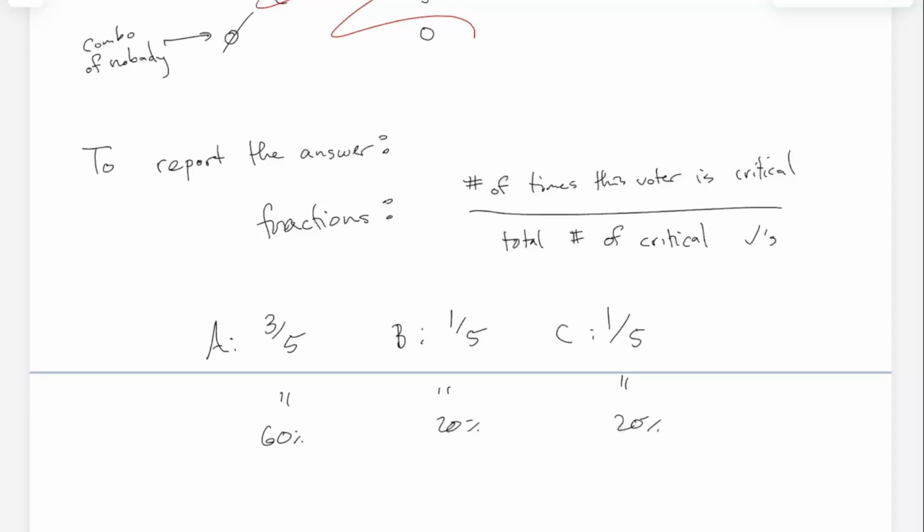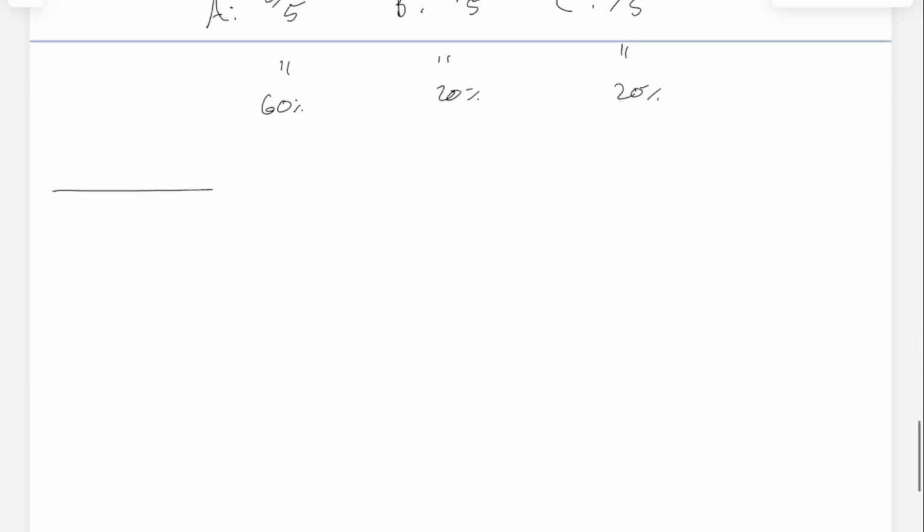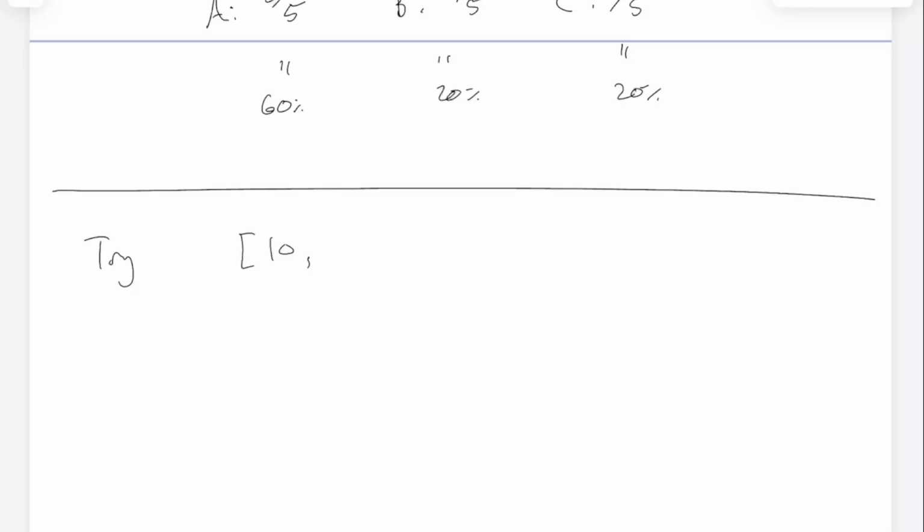I got an example for you all to try of the Banzhaf. Let's try. I think we got enough time. 10, 6, 4, 3.